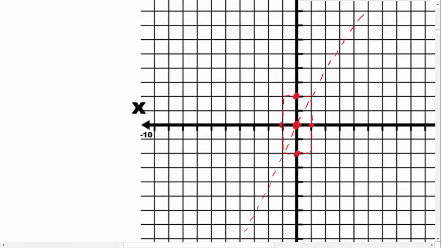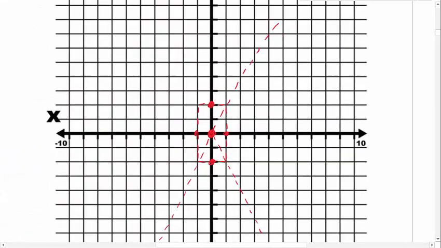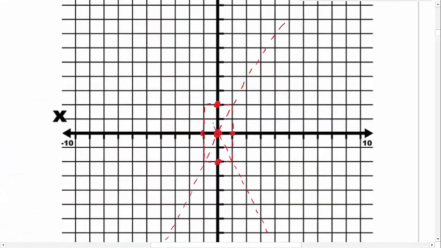So to do a good job extending them, I kind of look at what the slope is. Notice in the rectangle, I'm going down to the right one here. So I kind of keep that in mind as I'm extending these lines. Now that we have our asymptotes, we're ready to draw in the branches of our hyperbola.